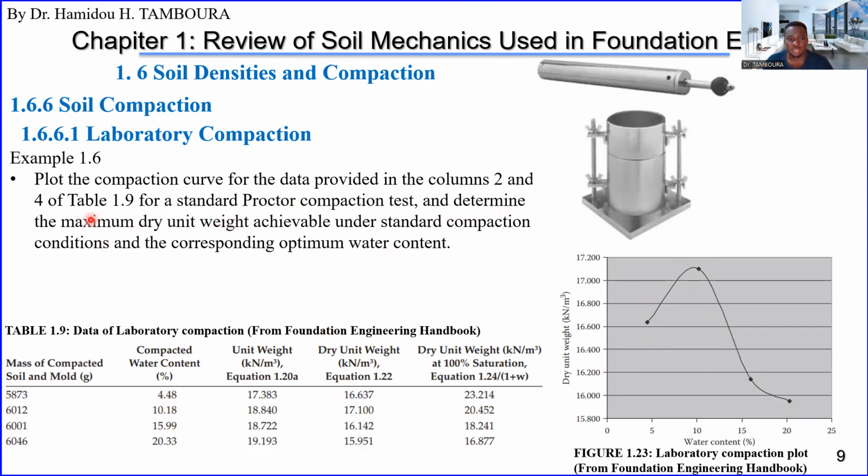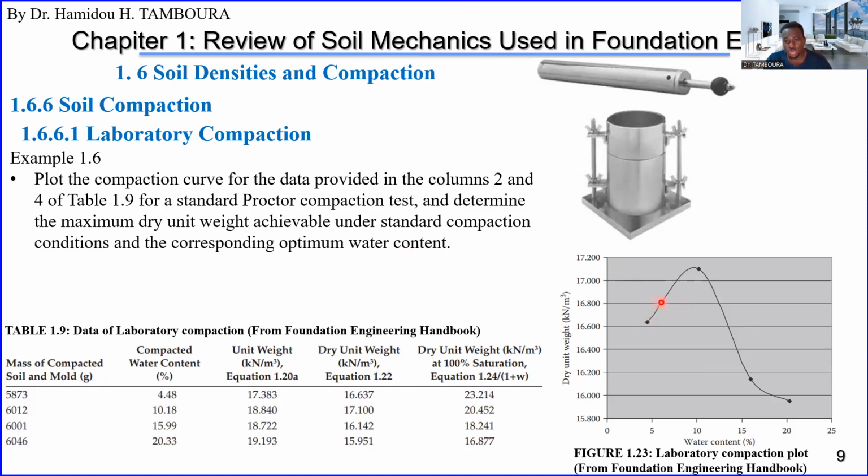After that, from this table, determine the maximum dry unit weight achieved under the standard compaction condition and the corresponding optimum water content. The optimum water content is the water content that corresponds to the maximum dry unit weight.